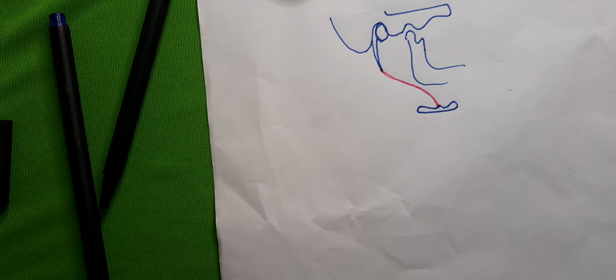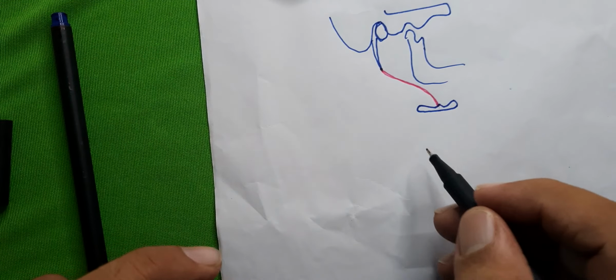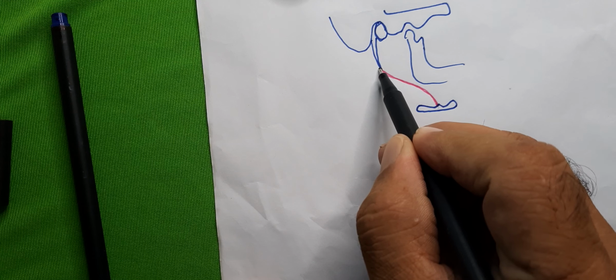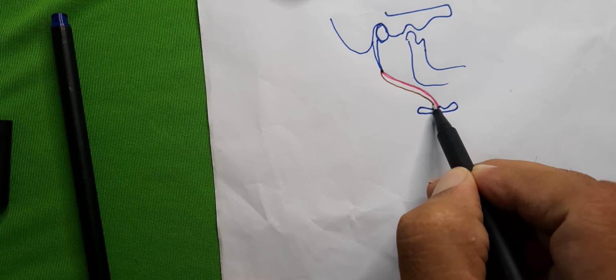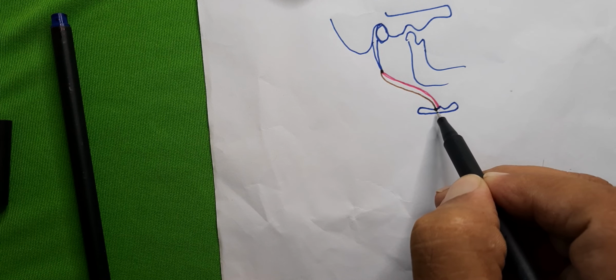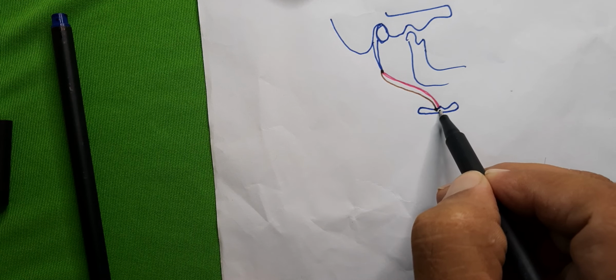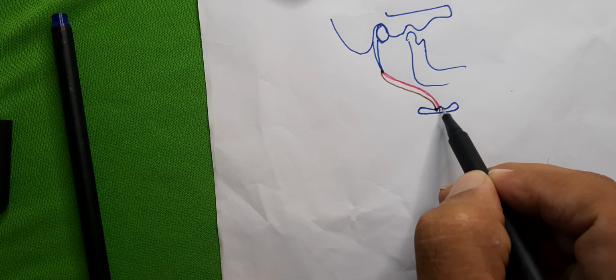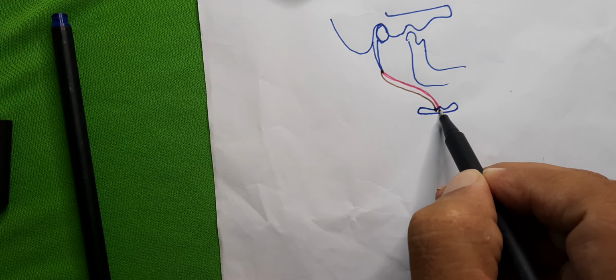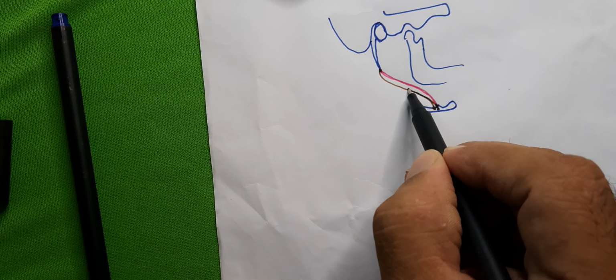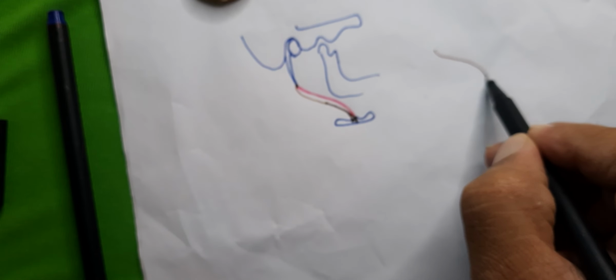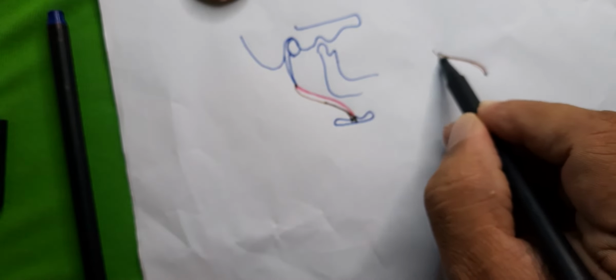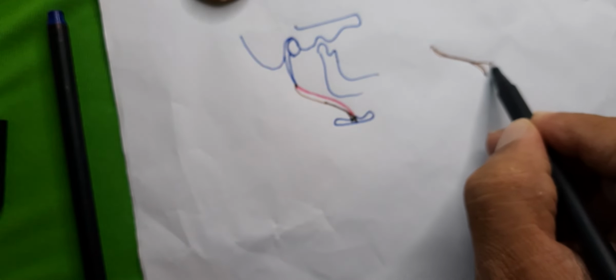And a muscle, the stylohyoid muscle, comes from the tip and comes down, splits into two and attaches at the base of the lesser cornua and to the greater cornua like this after splitting into two. So this will split like this.